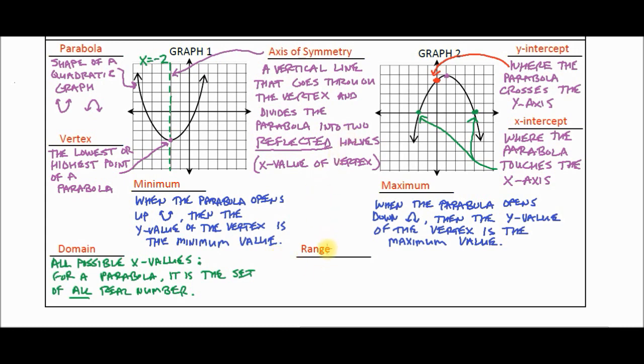Let's take a look at range. What is range? The range is all the possible y values. And this one's different than the domain. Now take a look at our two graphs. If the parabola is opening up, it's going to be every y value starting from the vertex and going up.